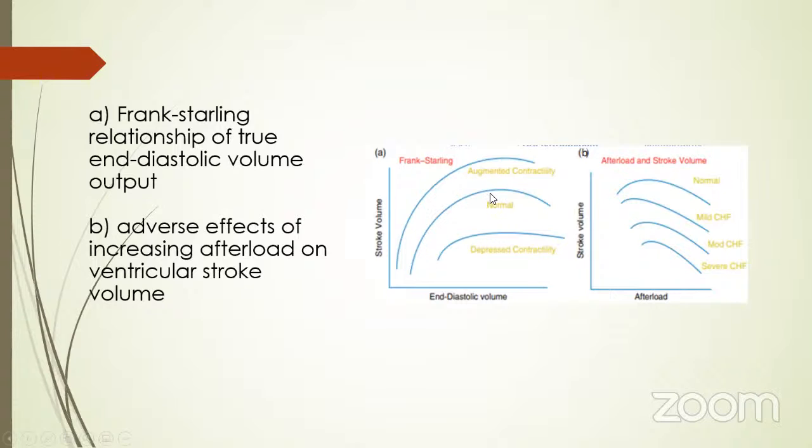As Frank-Starling mentioned, when the end-diastolic volume increases, the stroke volume increases, thus the cardiac output increases. When contractility increases by inotropes, this curve will be steeper, increasing the cardiac output much more when the volume is increased, and it will be shallower or flatter if there is negative inotropy.